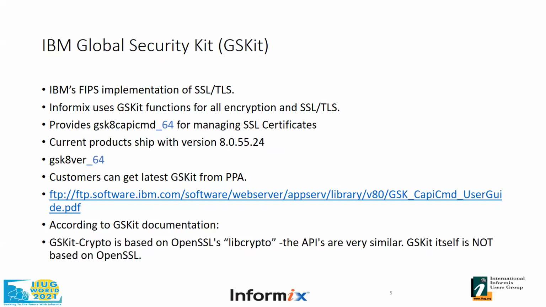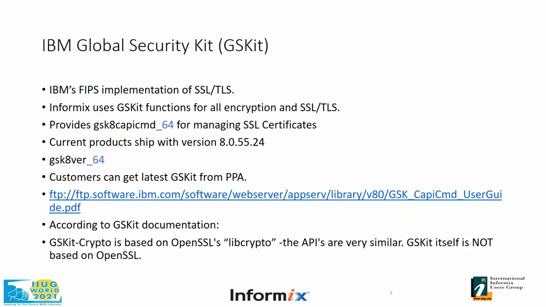This package provides a tool called GSK8CAPICMD_64. And the reason for the _64 is if you have a 64-bit version of GSKit, all of the commands, and there's only two, have to be suffixed with _64.